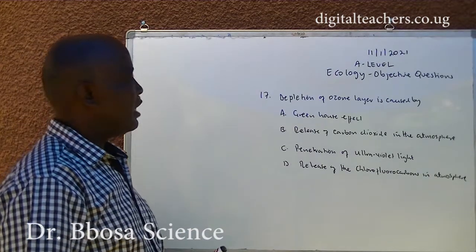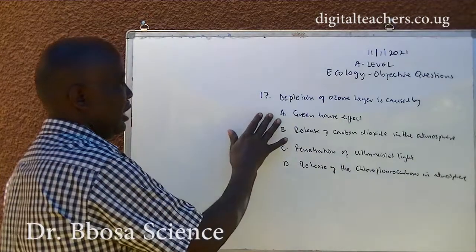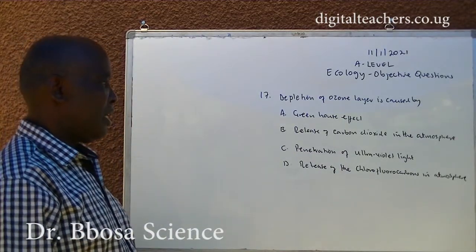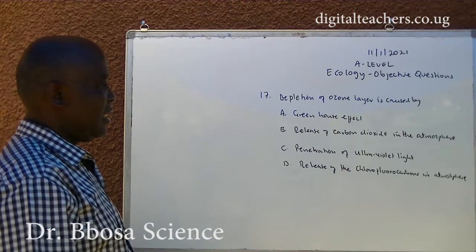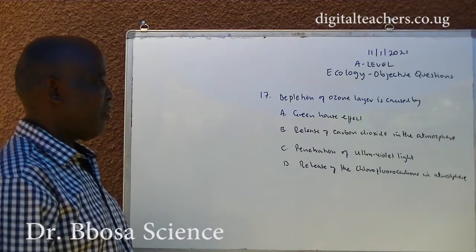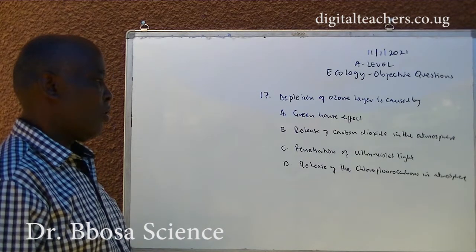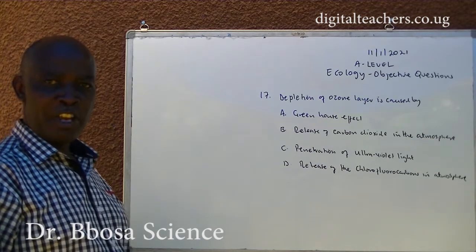Number 17. Depletion of ozone layer is caused by A. Greenhouse effect. B. Release of carbon dioxide in atmosphere. C. Penetration of ultraviolet light. D. Release of chlorofluorocarbons in the atmosphere.